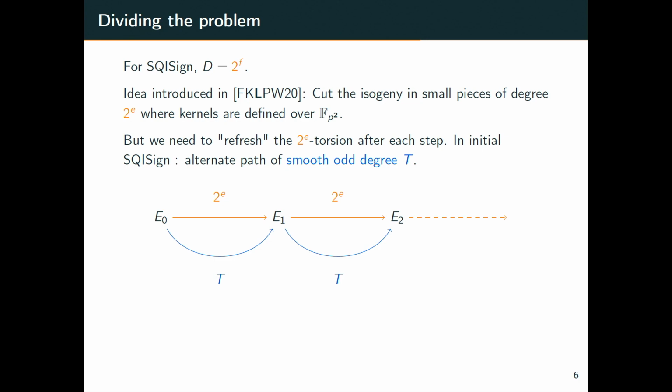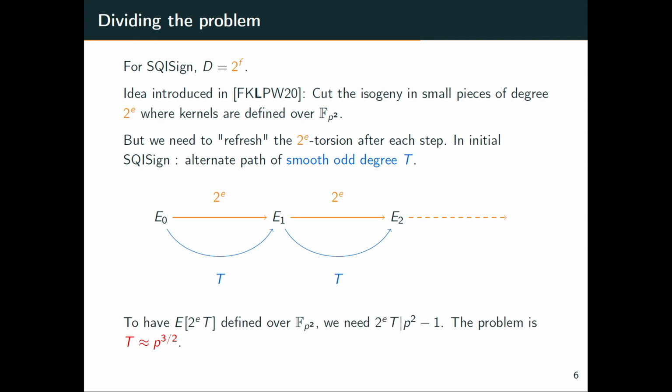And so the idea introduced in SQIsign was to use some kind of alternate path of smooth odd degree T. It needs to be odd, basically because we want T to be coprime with 2^e, okay? And then the smooth part comes from the fact that this is an isogeny and we need it to be smooth so that it can be computed efficiently.